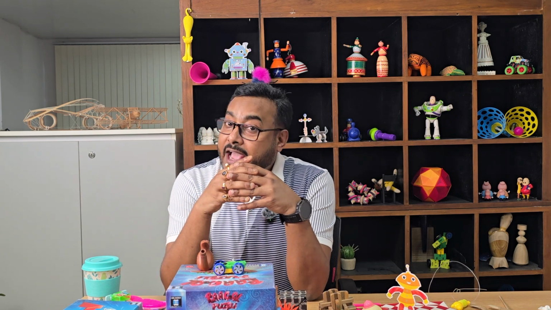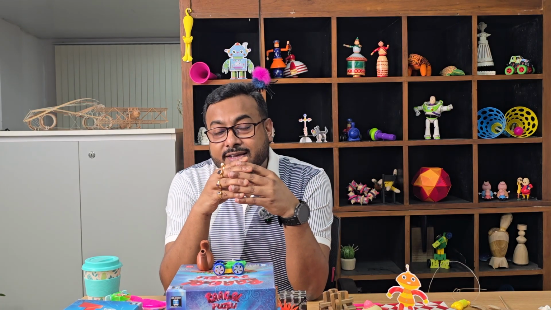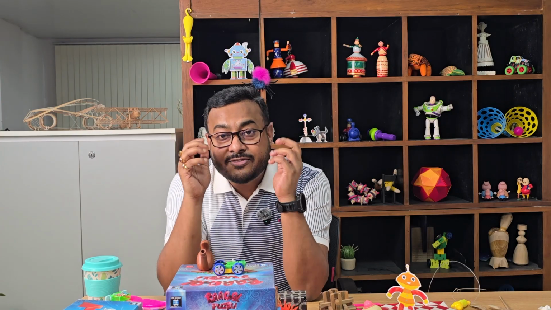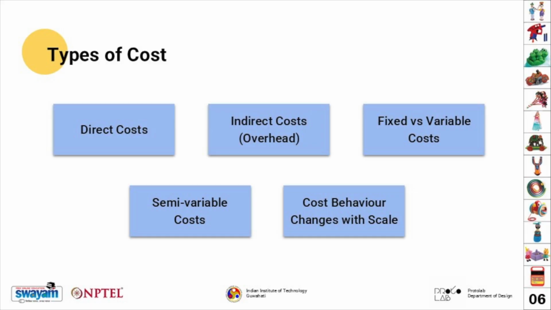Before we price anything, we must understand what we are actually paying for. In toy manufacturing, costs are not just material plus labor. They are layered. Broadly, we divide costs into direct and indirect costs.